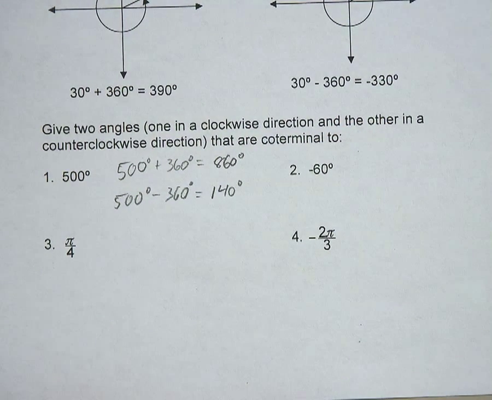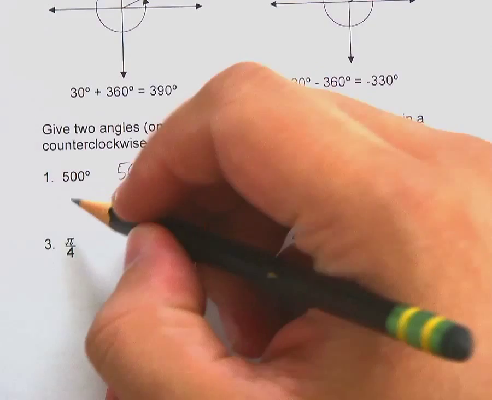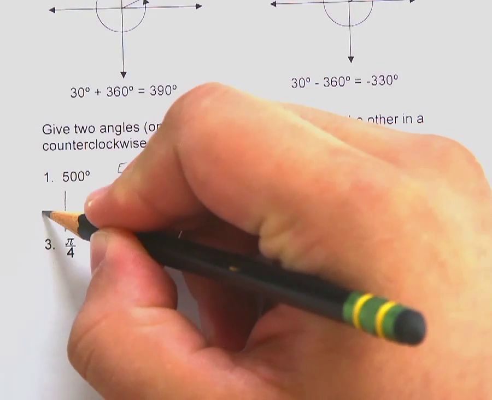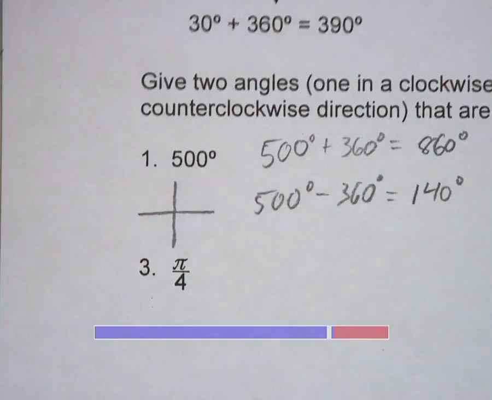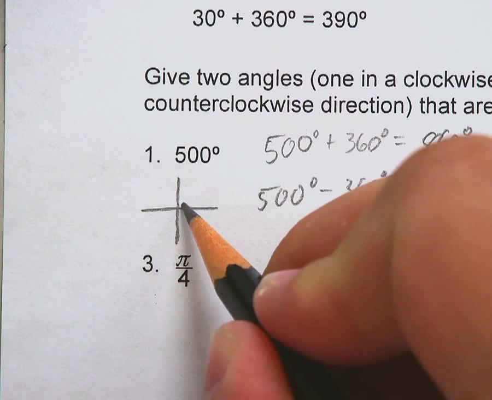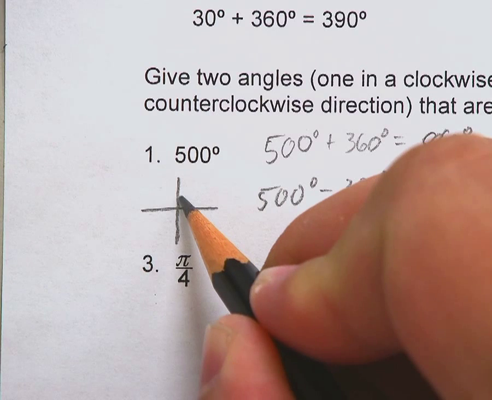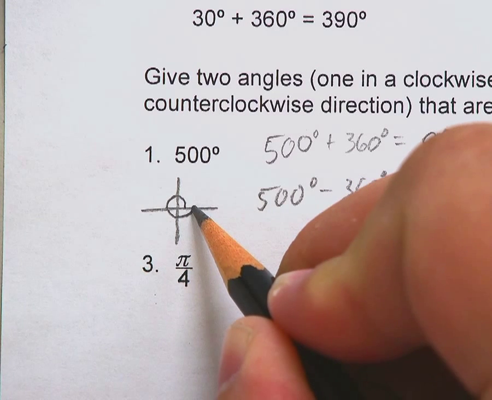Anybody who's a fan of skating, of the X Games, if you've ever seen anything like the X Games, you know that you're not limited to just one rotation, right? I mean, in real life, you're not limited to just 360 degrees. If you think about what 500 degrees is, a little drawing here, if you start at 0 and you go one full rotation, that's 360 degrees.